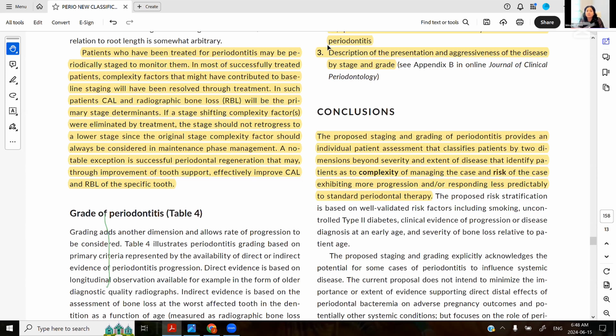In such patients, the attachment loss and the bone loss will be the primary stage determinants. But if a stage shifting factor were eliminated by treatment, it should not retrogress to the lower stage, because you will always consider the original stage in the maintenance phase management. You will continue to classify that patient as that, whether stable or not, whether disease maintained or not.